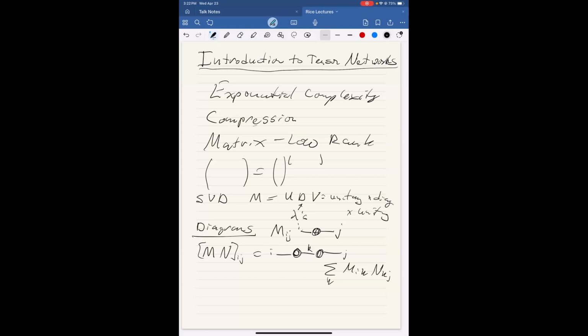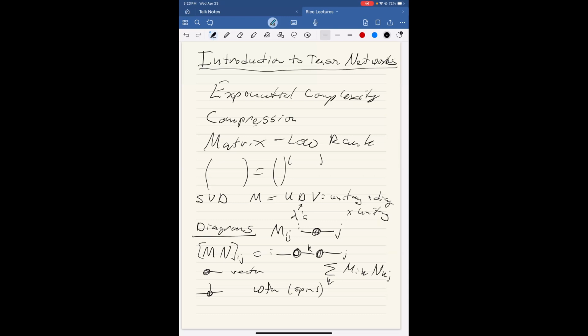So a vector looks like that, and then a typical tensor with 3 legs looks like that. Now a wave function. Let's think of spins.